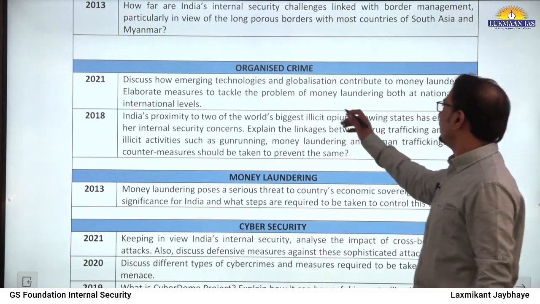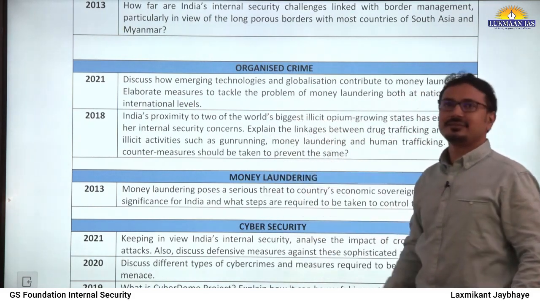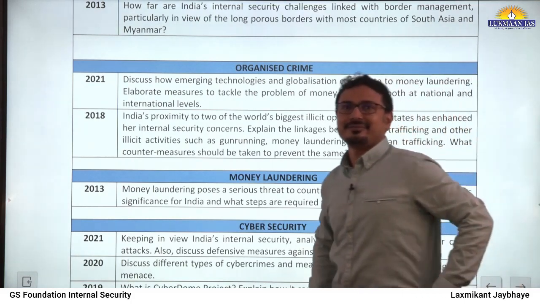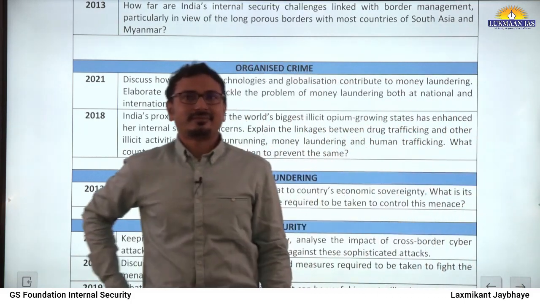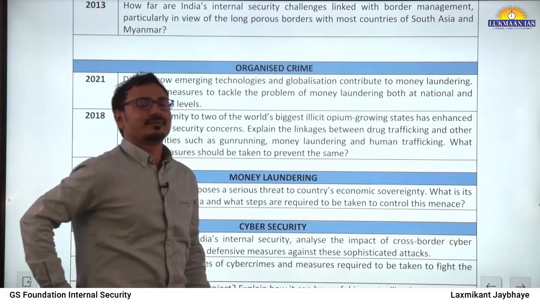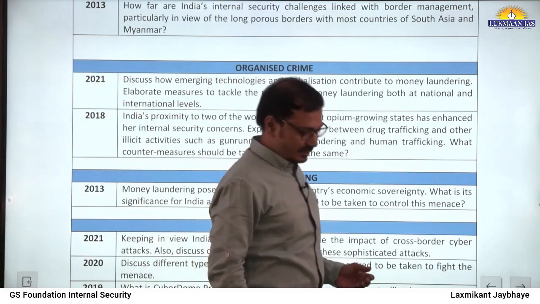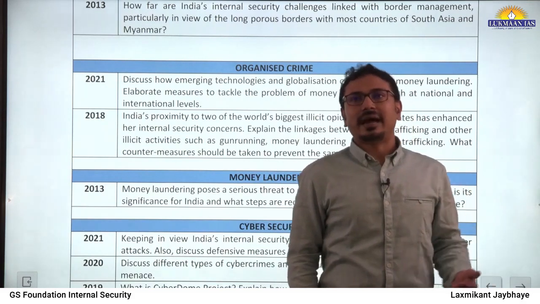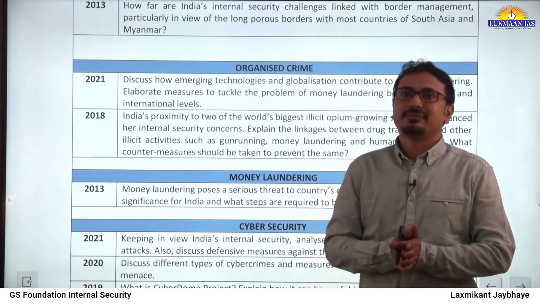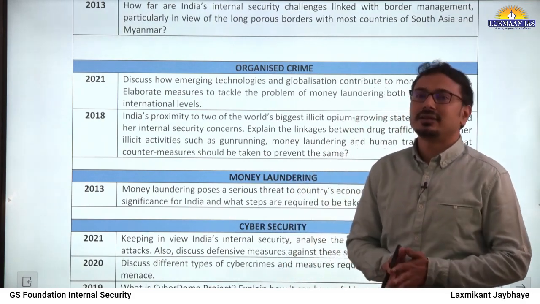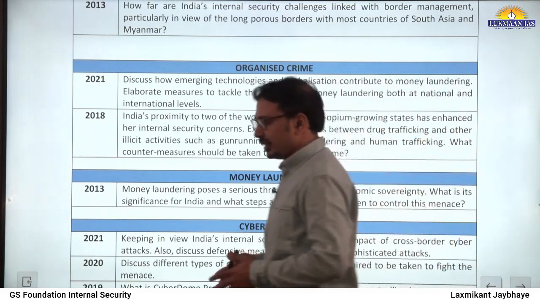Why is this word used here? Anyone? Bitcoin? So Bitcoin or cryptocurrencies, basically that particular technology is creating a major hurdle because that is not regulated, right?